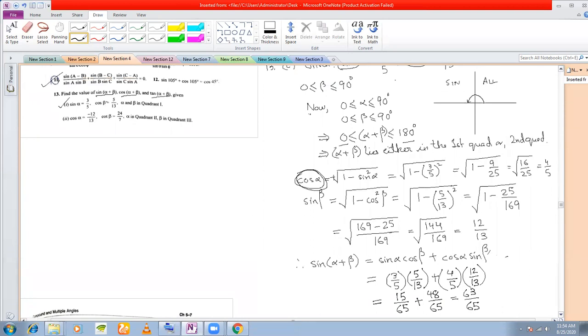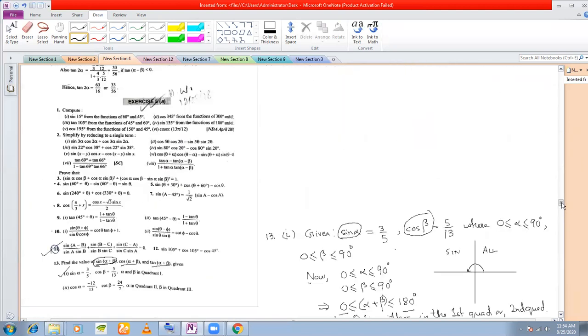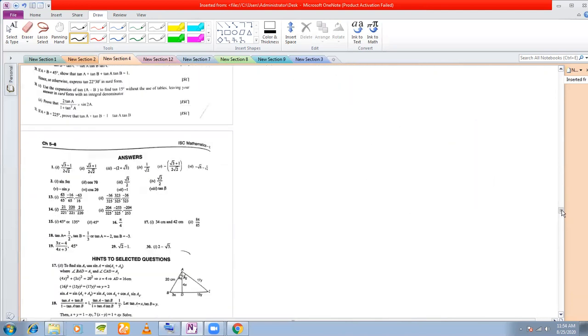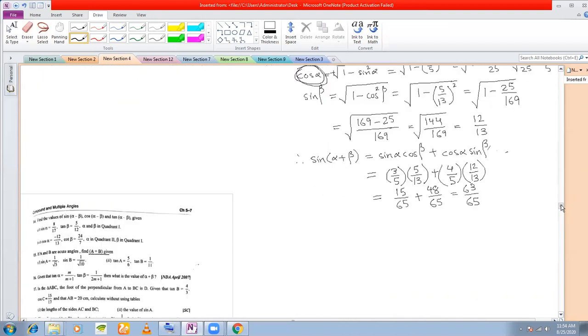Okay, we have managed to find sine alpha plus beta here. Let me check what is the answer. Yes, 63 by 65. See here, 63 by 65. Okay, we now move on to the next one.